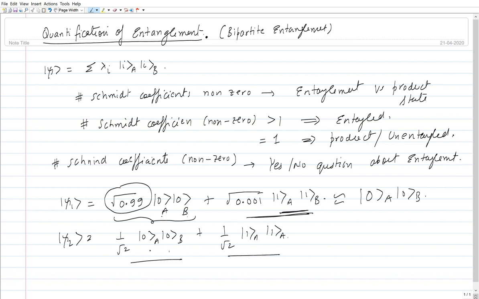So intuitively one might ask the question, which of the above states is more entangled?